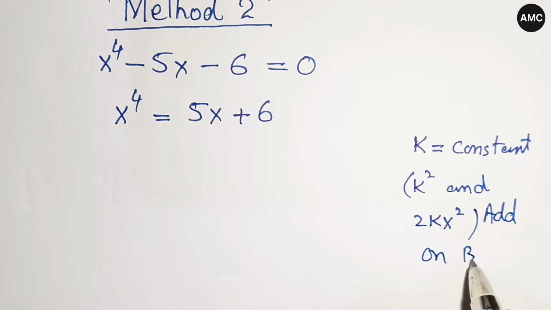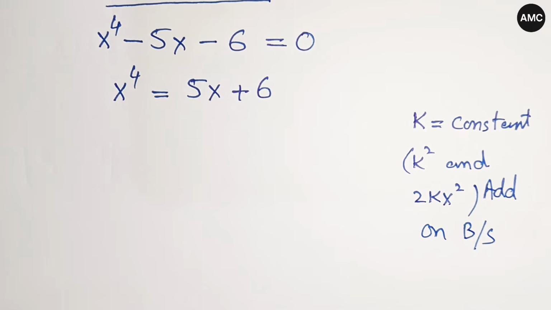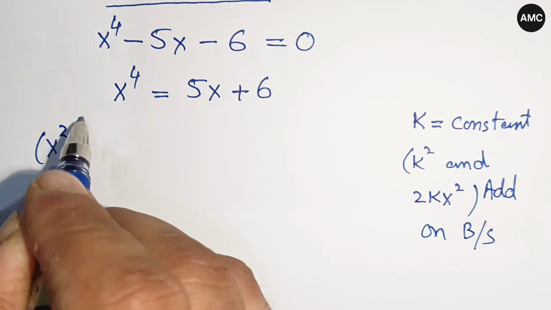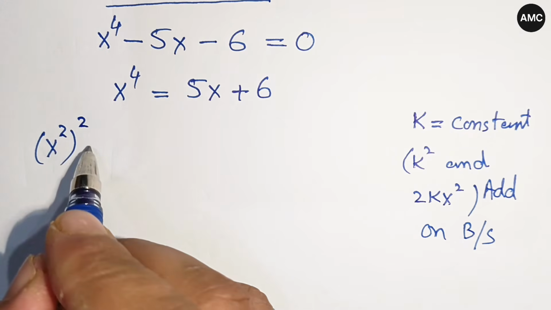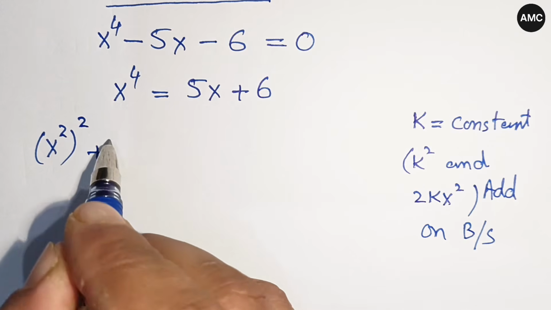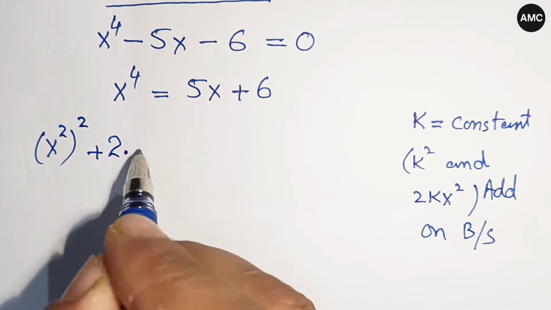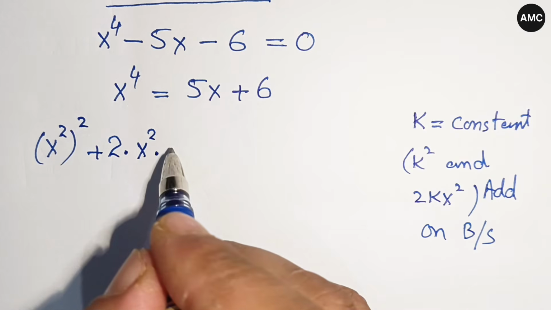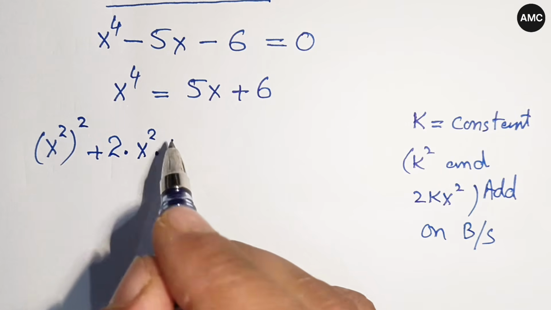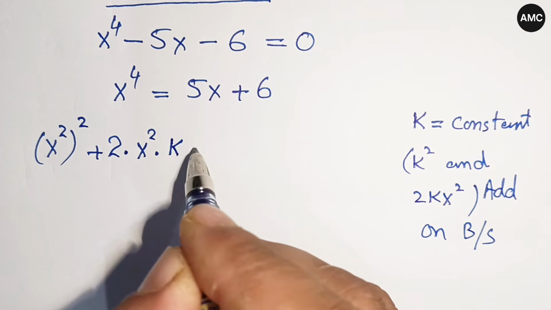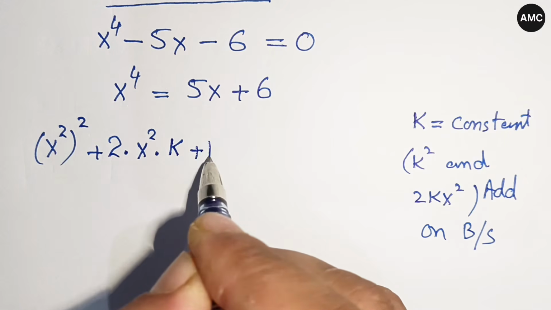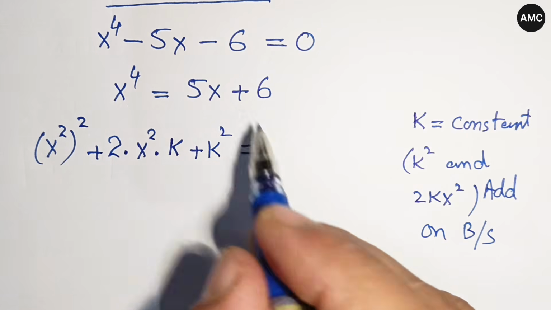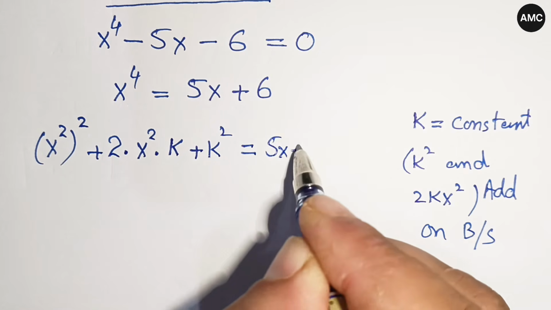then we have x to the power 4 can be written as x squared whole squared. Now plus, here we put plus 2 times our first value x squared, and our second value, let's say it is k, so here just k, and then adding k squared here, so it is equal to 5x plus 6.